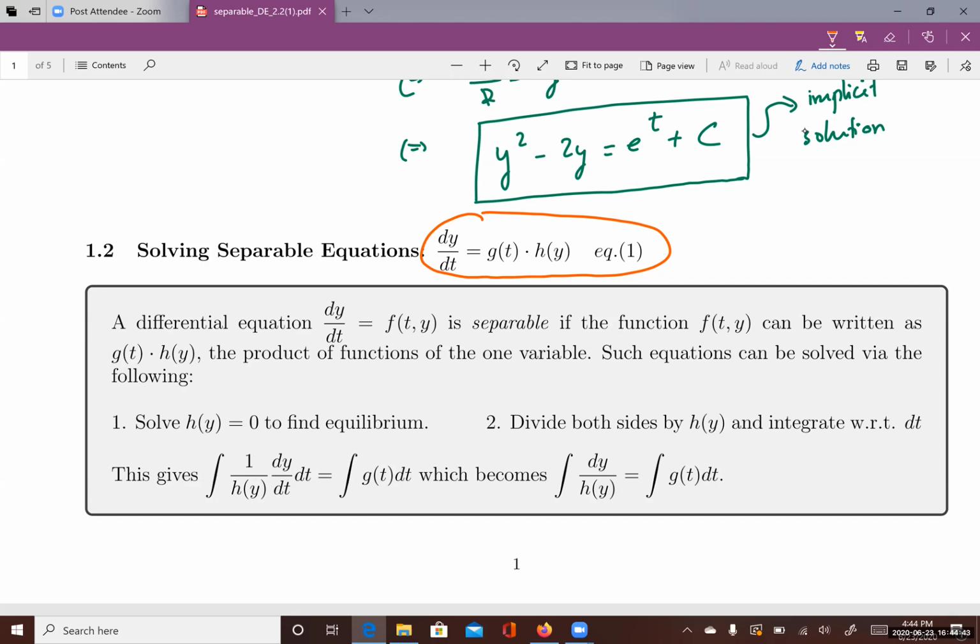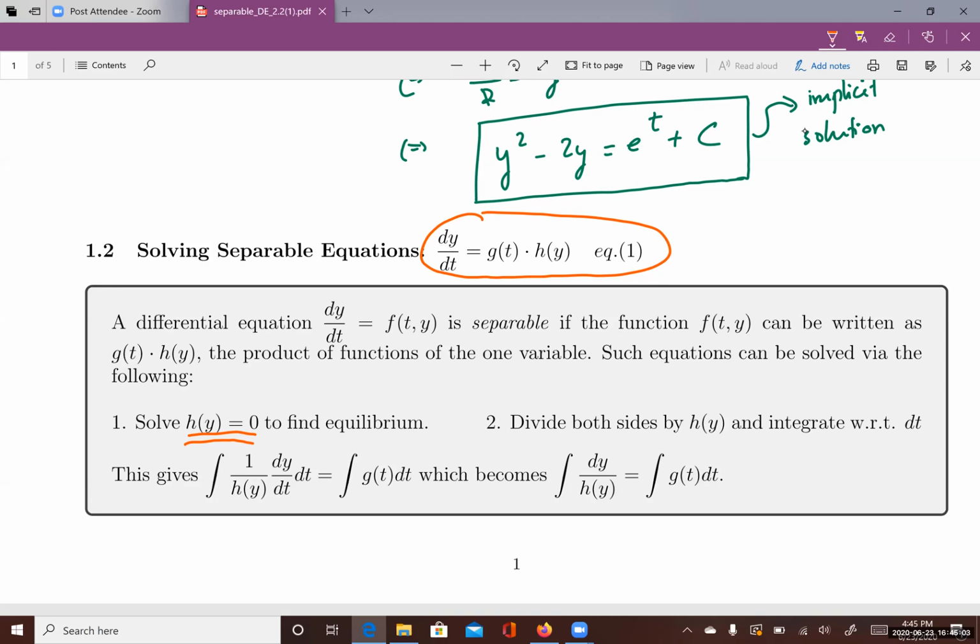But before you solve this equation, you may want to first try to find the equilibrium solutions. Again, equilibrium solutions are the solutions when dy over dt equals 0.